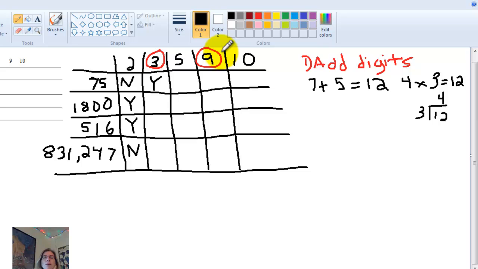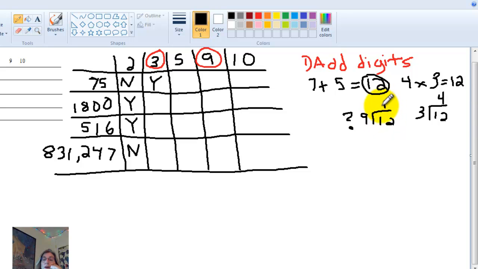Is it divisible by 9? We can look at it at the same time because it's the same rule. You add the digits and you look at your answer, 12. Is that divisible by 9? In other words, does 9 go into 12 evenly? Well, not really.